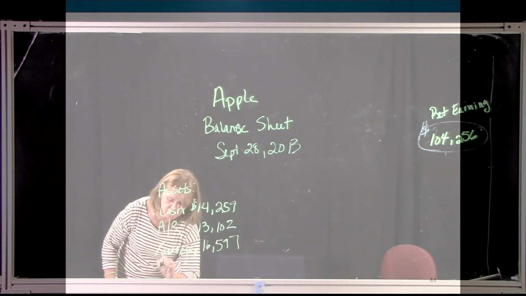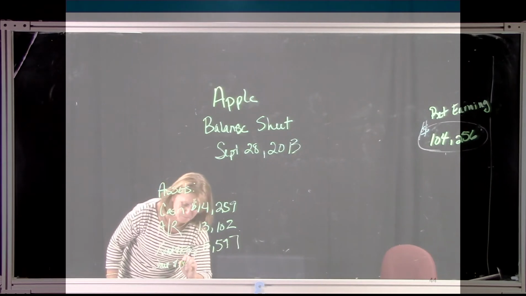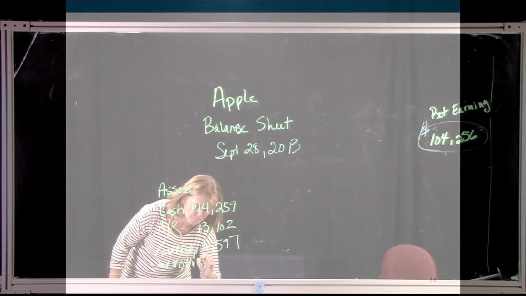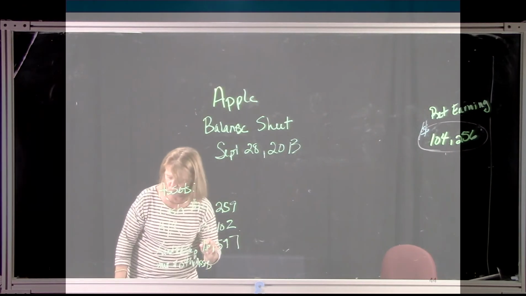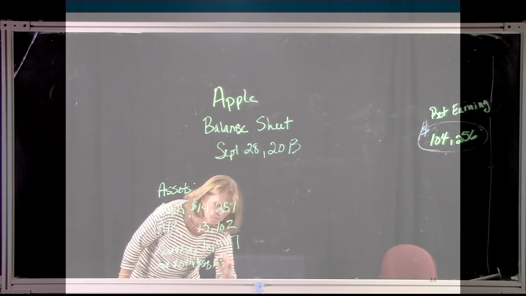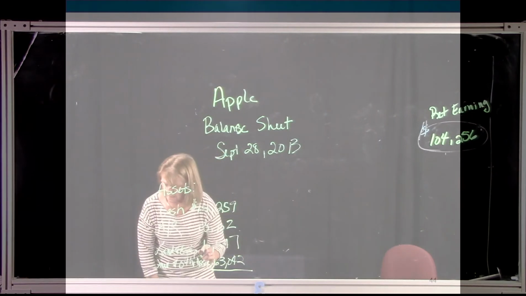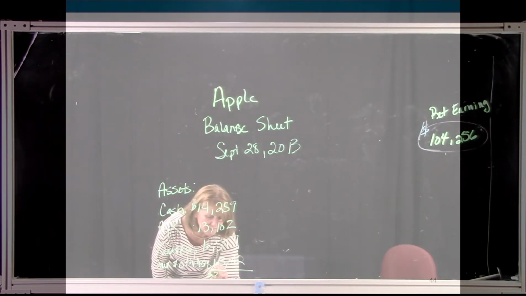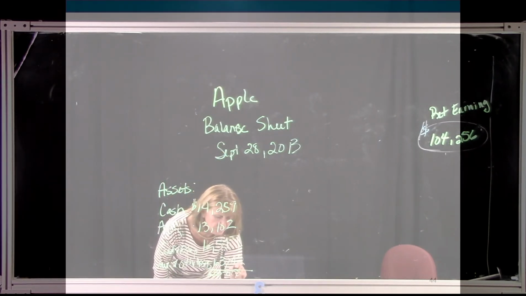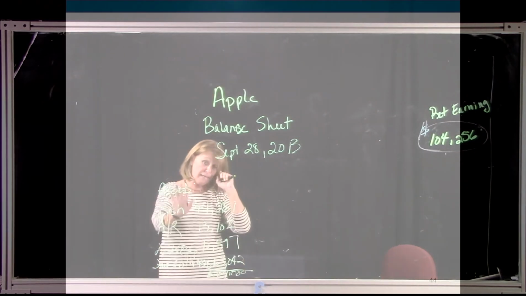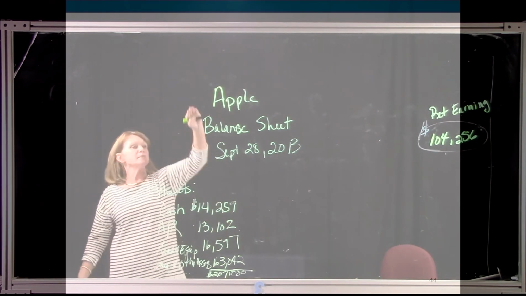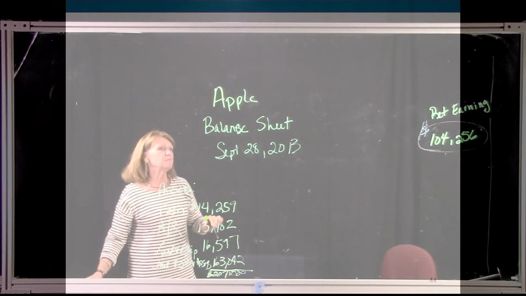And investments and other assets is $163,042. So your total assets is $207,000. Oh, I hope you can read that down there. Add those up and they equal 207. I promise next time to move it up to the top of the board.